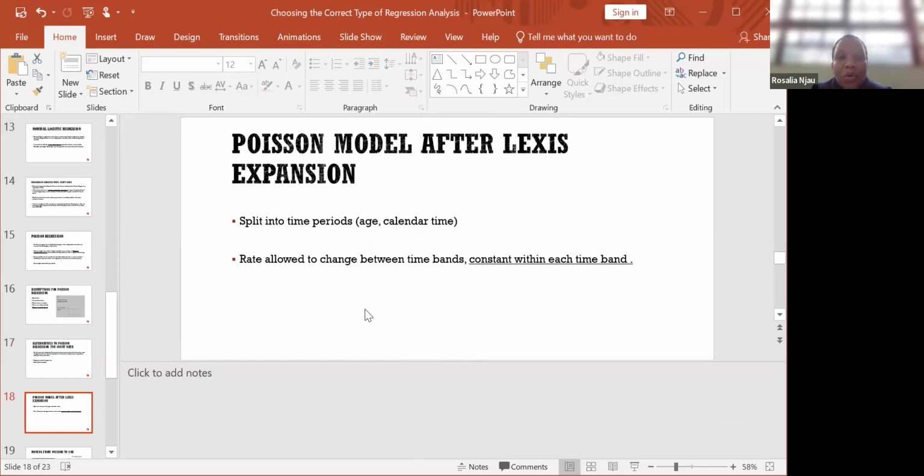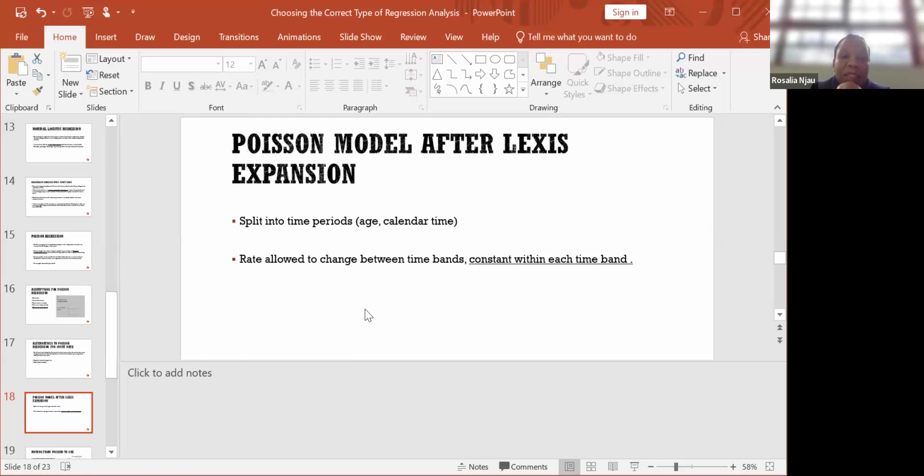Now, the Poisson model after Lexis expansion. We said that not all data would really have a constant baseline hazard. So, relaxing that assumption, we can do a Lexis expansion.